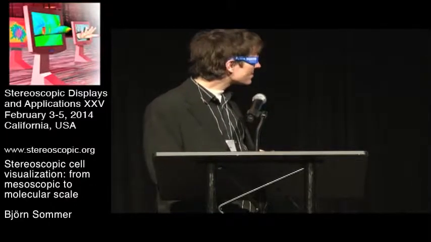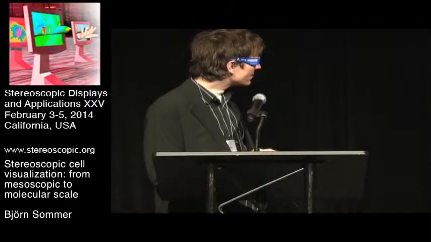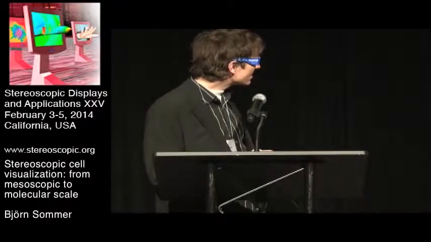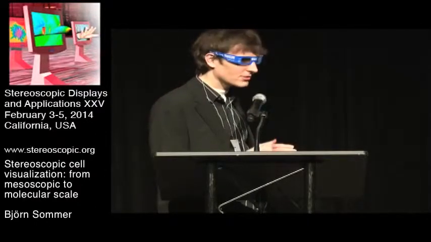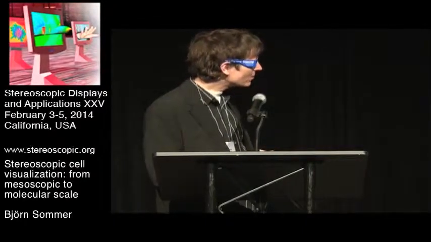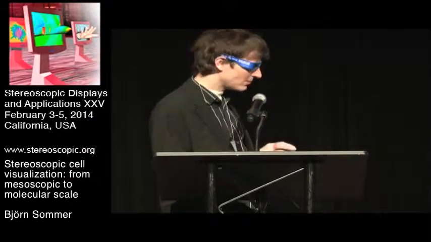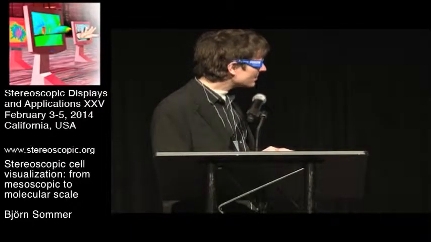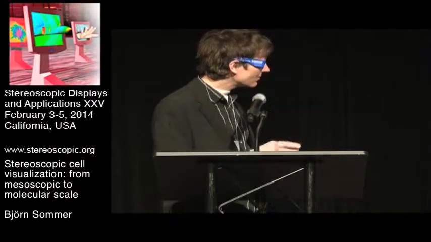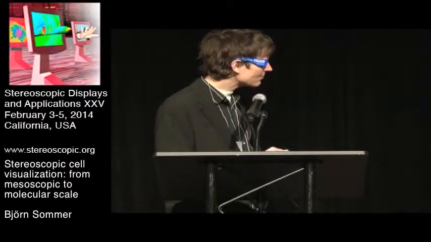This here is a cell membrane, the abstract visualization of the cell membrane, and we use a pick ray to acquire the distance and adjust the distance between the two eyes, so the stereoscopic effect. If we are moving closer towards our cell components, we move across the cell membrane, then it optimizes the effect to this nucleus here, for example, and if you go further down, also to molecular structures, as you can see here.